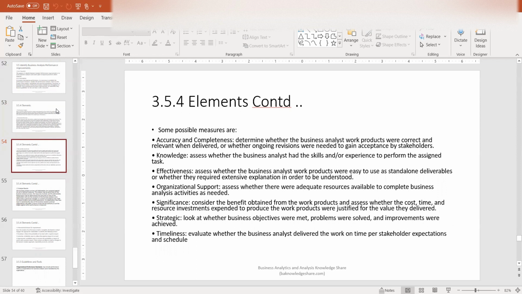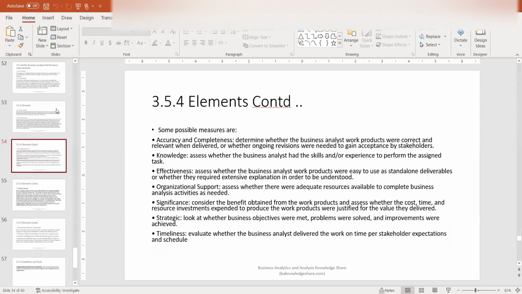Effectiveness of her work: whether there were adequate resources available to complete business analysis activities as needed. The significance: consider the benefit obtained from the work products and assess whether the cost, time, and resource investments were expended to produce the work products.